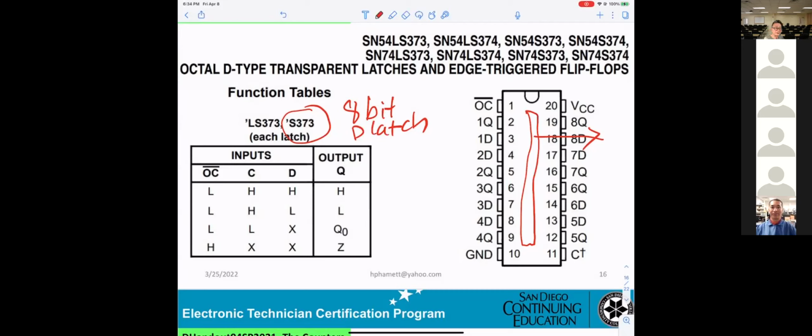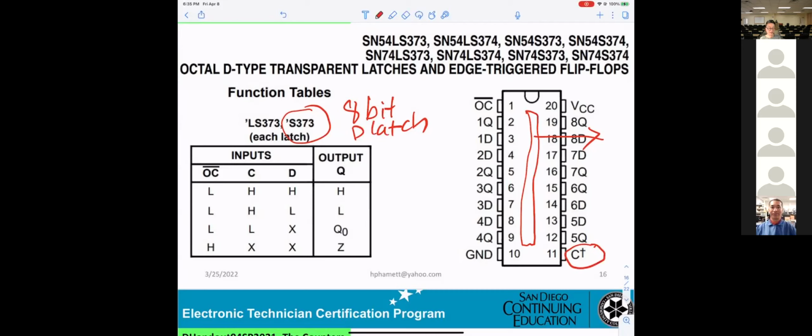Okay, so input D high, Q high. Let's see, what's C here? C is like the clock, but it's not a transition.